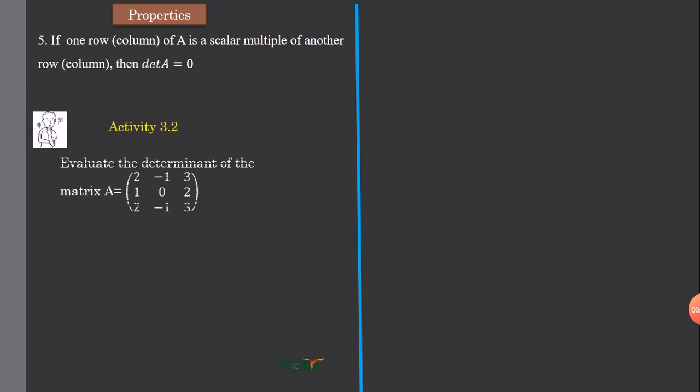Okay, let's look at this example. Now, in this example, we are finding the determinant using the properties we've discussed. From this matrix, I want you to notice something, that we have 2 columns which are identical. This column, the first row and the third row, they are identical.